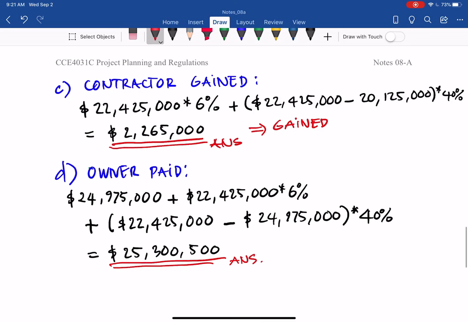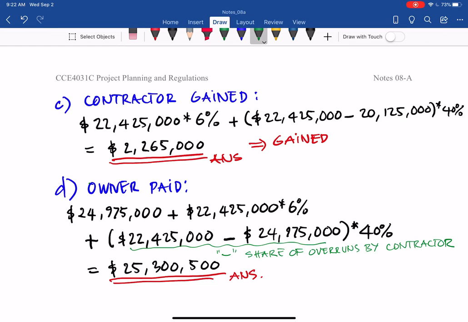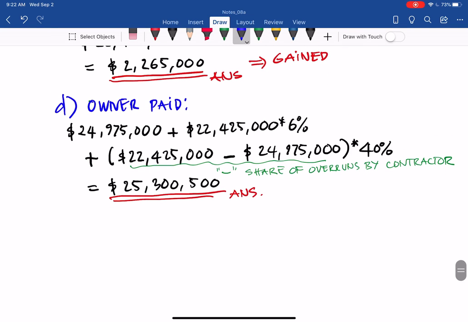As you can see, this is a negative number. What does that mean? The share of the overrun by the contractor. It means it's a negative number there, subtracted, the owner holds back the money.